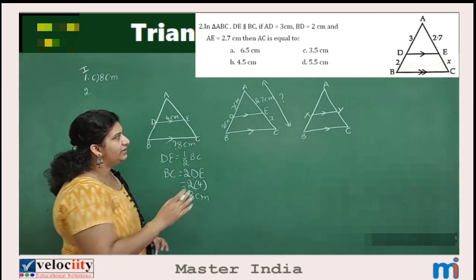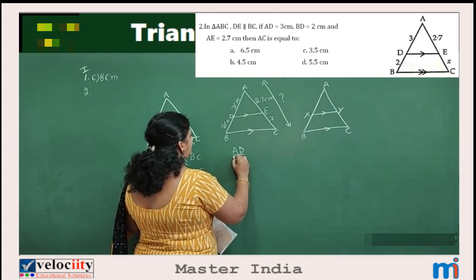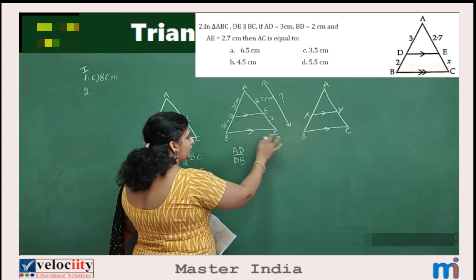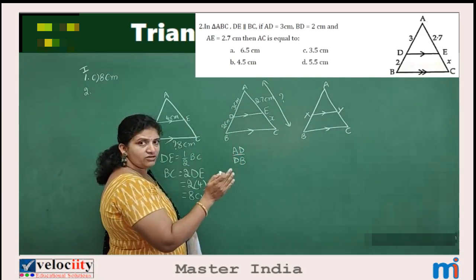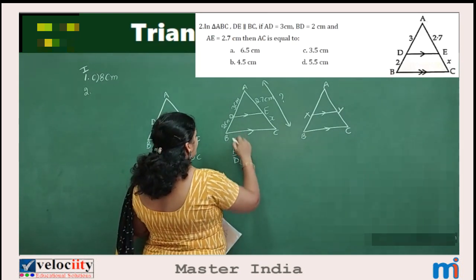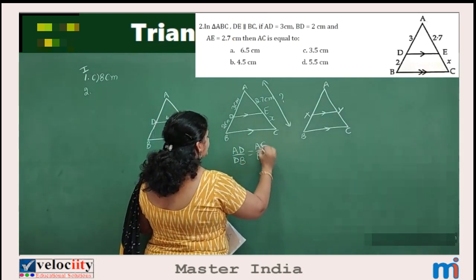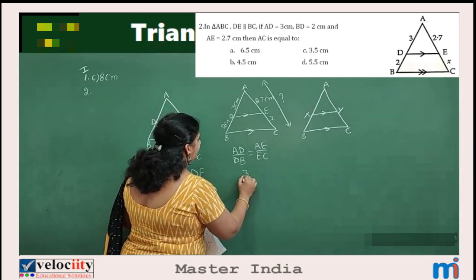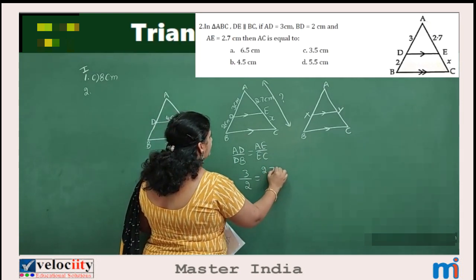Okay, by that I can say AD by DB. If DE is parallel to BC, we can apply the BPT ratio. BPT theorem is also called Thales theorem. AD by DB equal to AE by EC. AD 3, DB 2, AE 2.7, substitute the values.